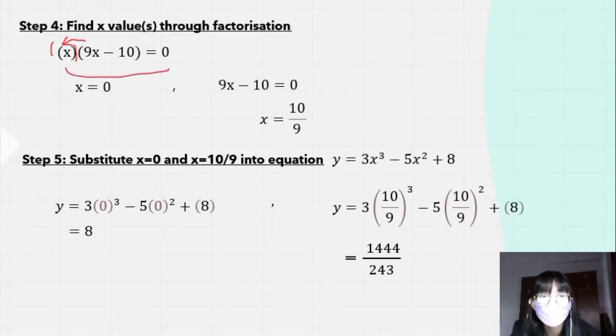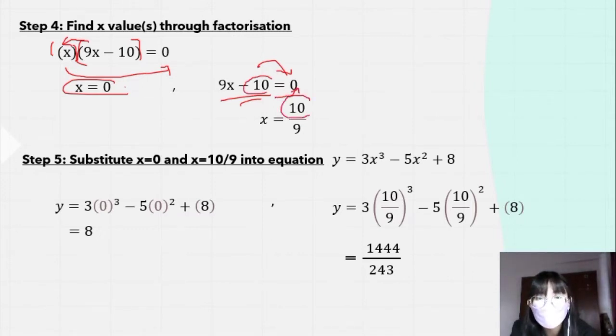So automatically we know for the first bracket, x equals 0. And the second bracket, 9x minus 10 equals 0. So we move negative 10 to the right-hand side, so we get positive 10.